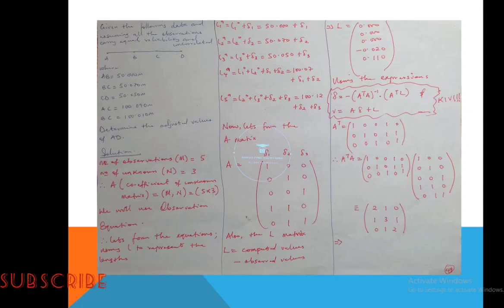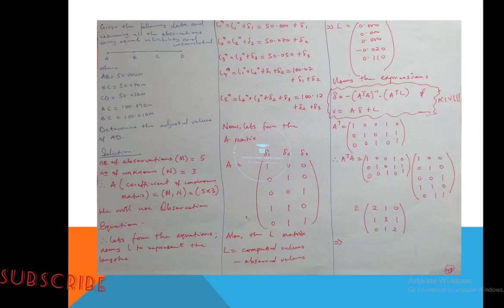Line AB measures 50 meters, line BC measures 50.07 meters, line CD measures 50.05, line AC, which is a combination of AB and BC, measures 100.09, and line BD, which is a combination of BC and CD, measures 100.01 meters.